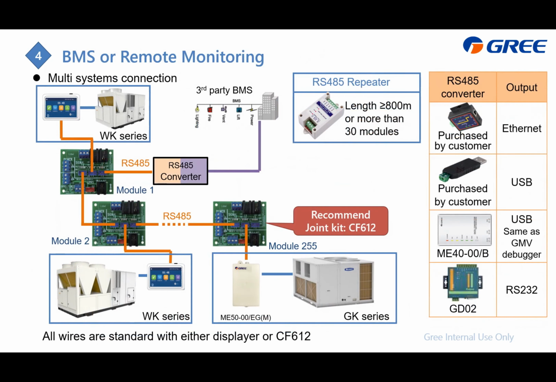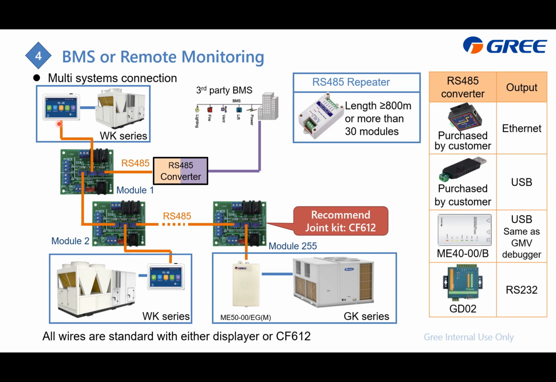This slide displays how to do the wiring for the modularized system when you connect to the BNS. And we need this device, this CF612, to combine all the systems together. So let's focus on the WK series. As we know, we already output the standard RS-485 signal from this controller, and this is system 1 and system 2.